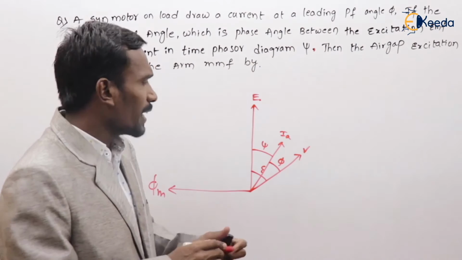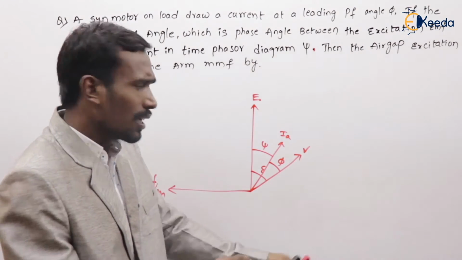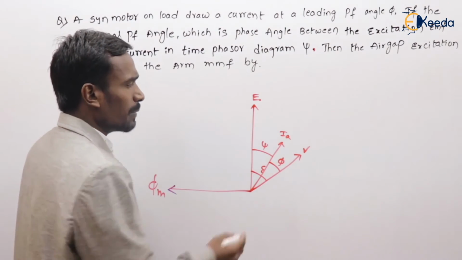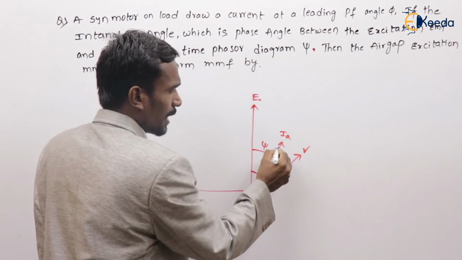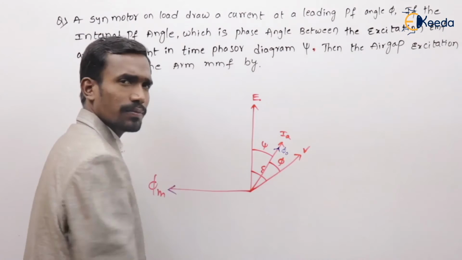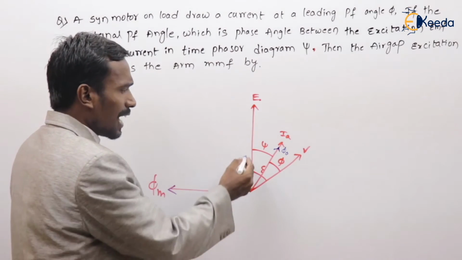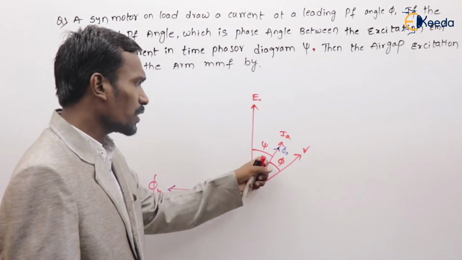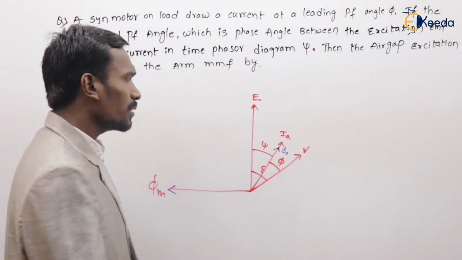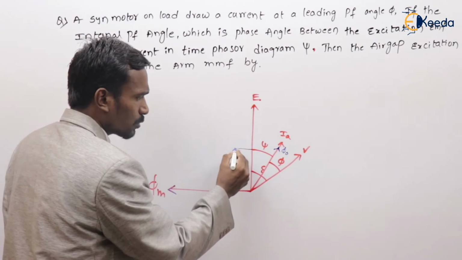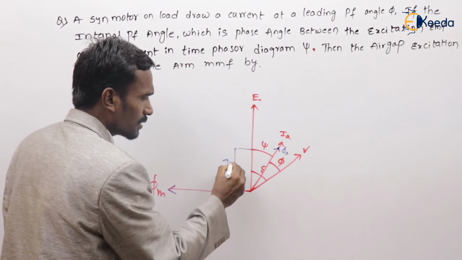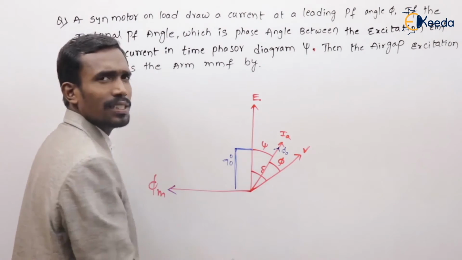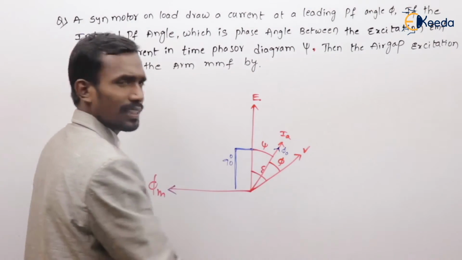Now tell me, where is my main field flux? This is my main field flux. Where is my armature flux? This is my armature flux. What is the angle between these two? This is 90 degrees, and this is psi.